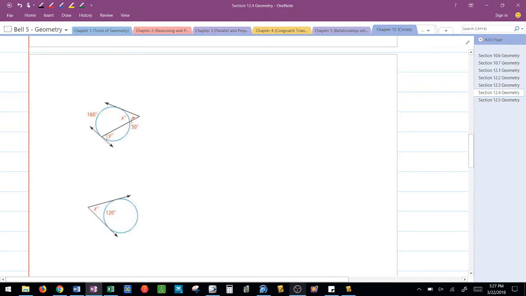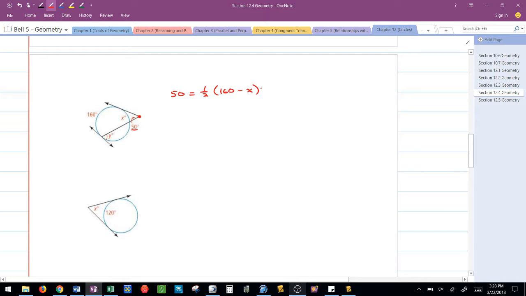All right, so how can they extend this a little bit? Well, let's focus on finding x first. I know that the vertex that would include x is actually right there, and they tell me that its measure is 50. No problem. I know that the angle 50 is equal to half of the difference, 160 minus x, half the difference of the intercepted arcs.